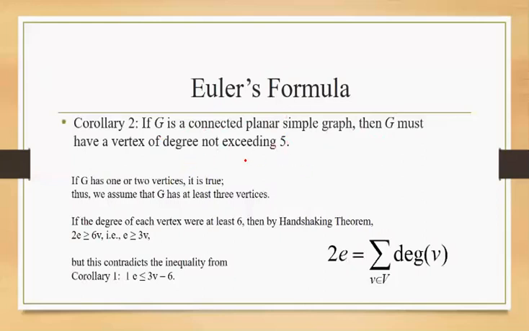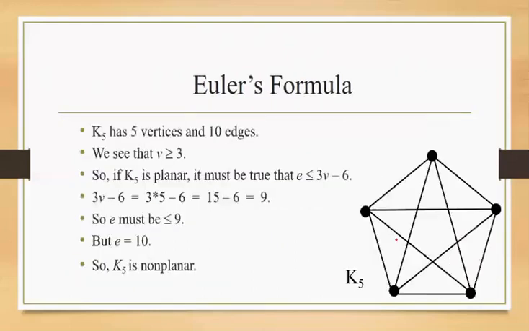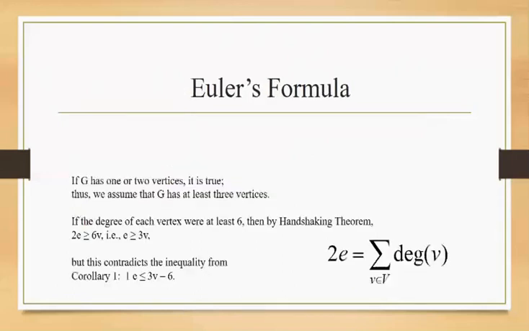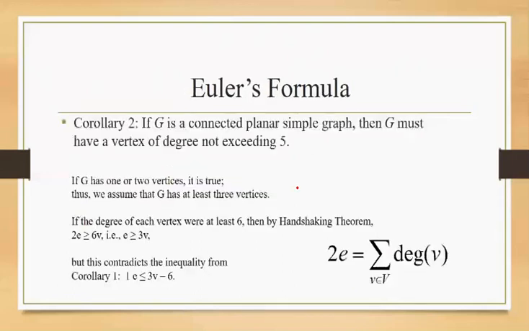So whenever we have a connected planar graph, your graph should have a vertex of degree not exceeding 5. In our earlier example, the degree here is 4. Suppose in a connected planar graph we don't have a vertex of degree not exceeding 5, then your graph will not be planar.